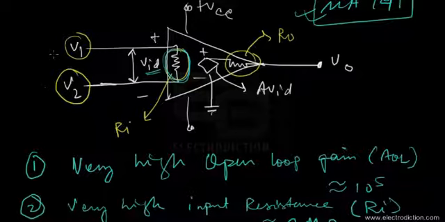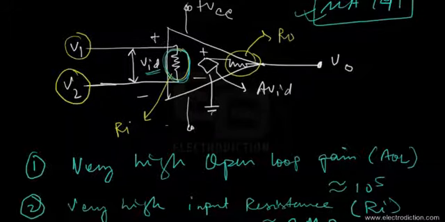So what we see here is that the op amp is pretty bad at amplifying input components that are common to both the input voltages applied to its inputs, and it's quite good at amplifying the voltage components that are present in one of the inputs and not in the other.